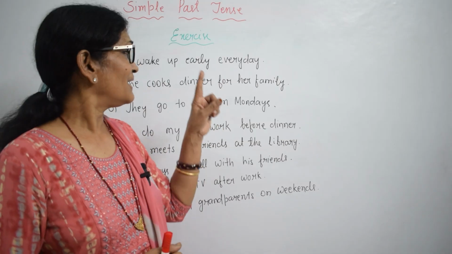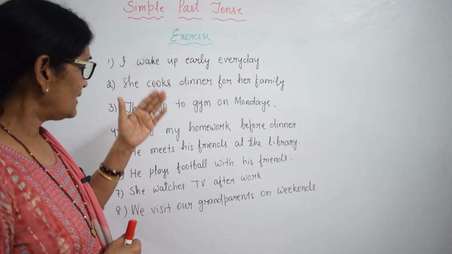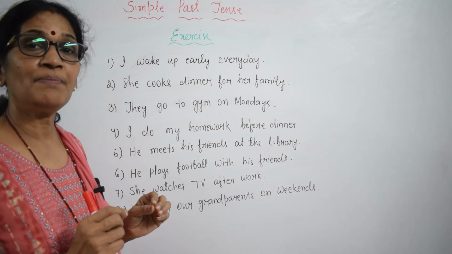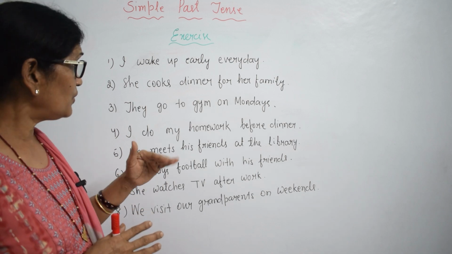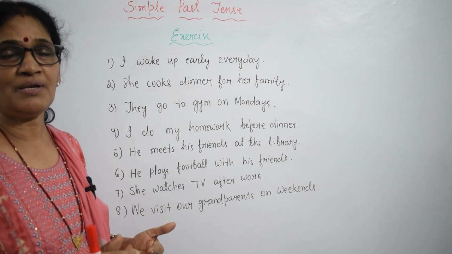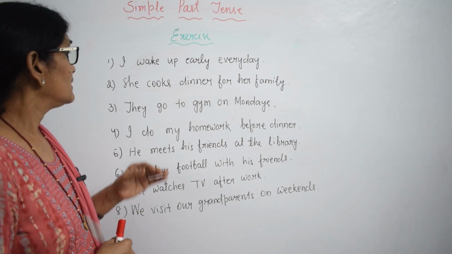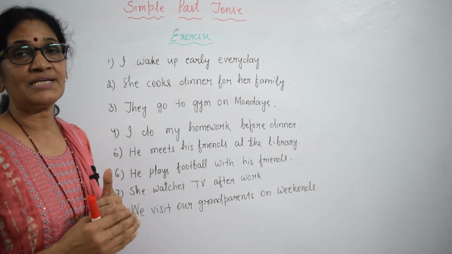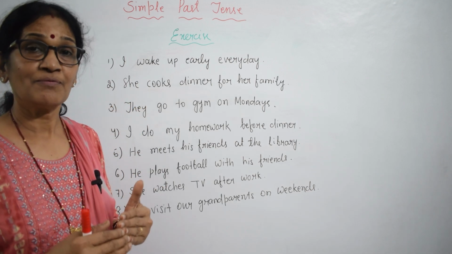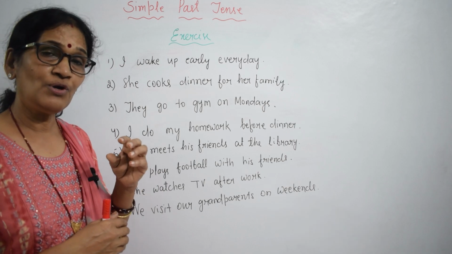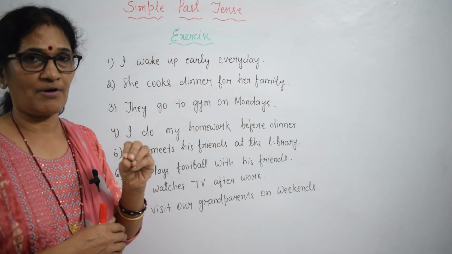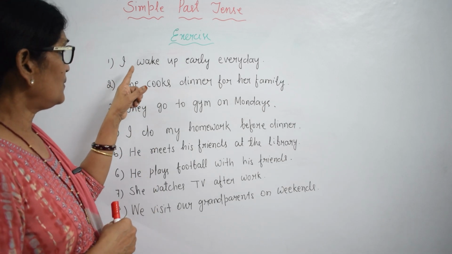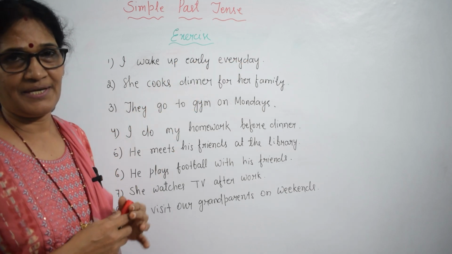Okay. Exercise. Here are some sentences in simple present. We need to change those into simple past. When you're changing a sentence from simple present into simple past, you only have to change the verb. I wake up early every day.